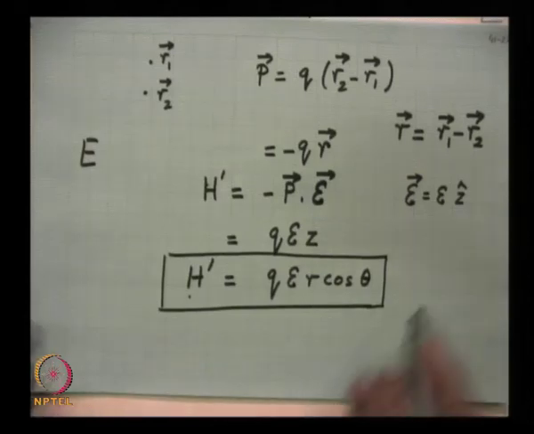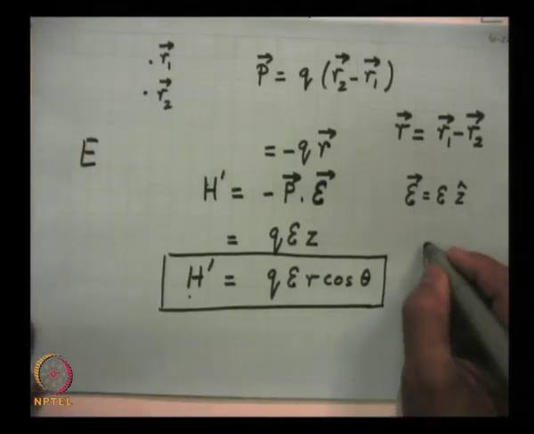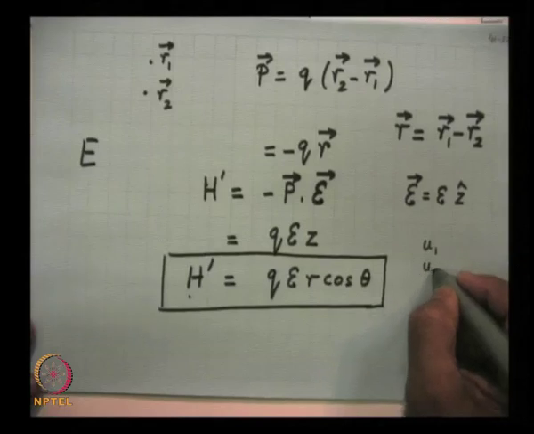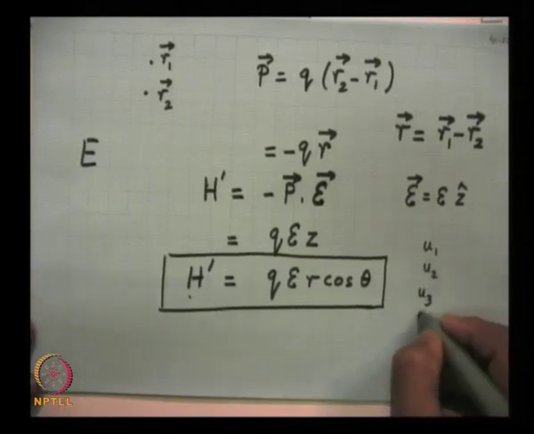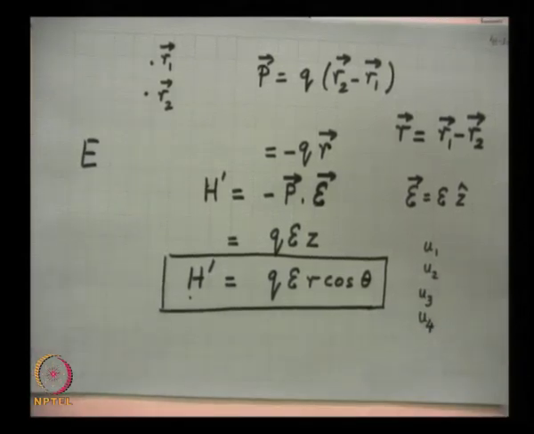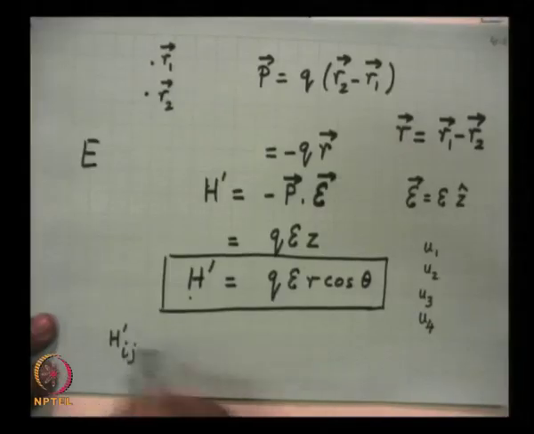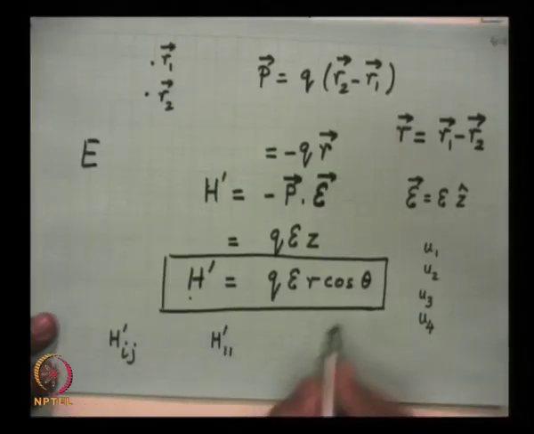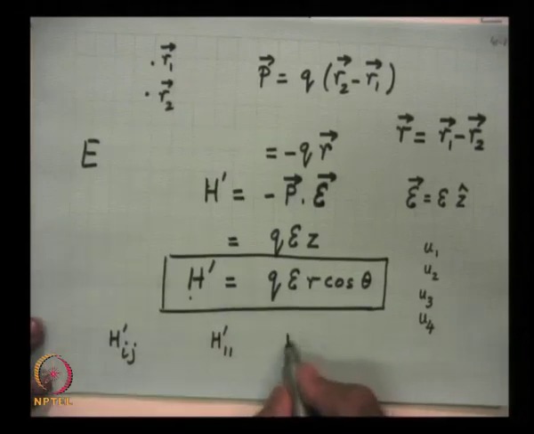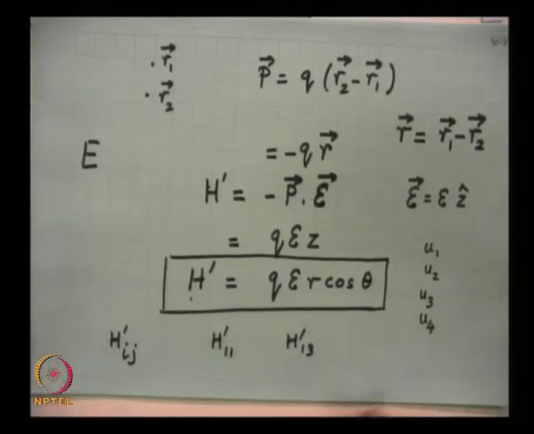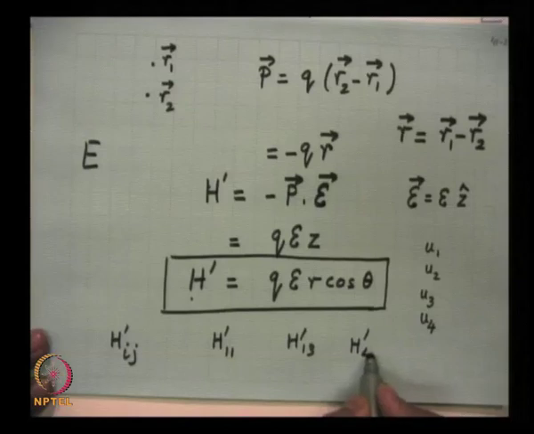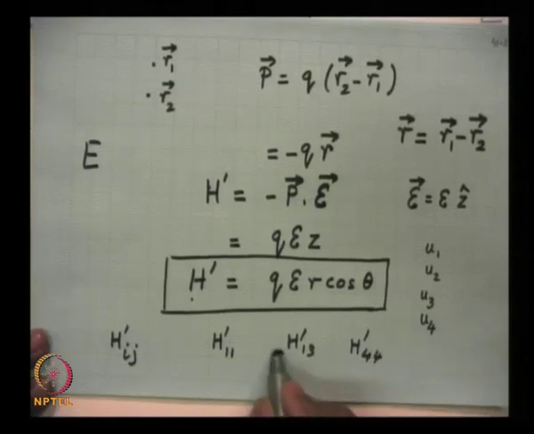So, now I have a fourfold degenerate state u 1, u 2, u 3 and u 4. So, the recipe is we first find all the matrix elements H prime i j, that is H prime 1 1, H prime 1 2, H prime 2 1, H prime 1 3, H prime 1 4, up to H prime 4 4. So, there will be just 16 such elements that we have to calculate.